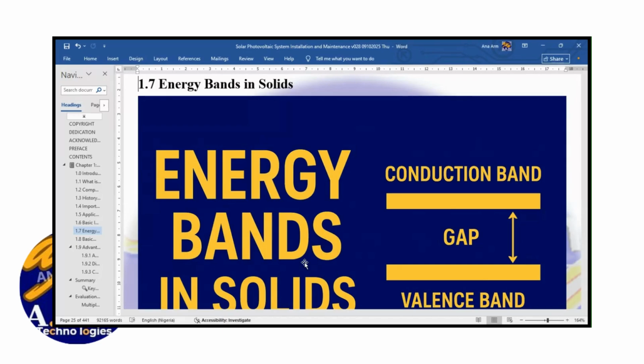Before we dive in, let's quickly revisit some foundational topics that will help you better understand this concept. What are these topics? 1. Introduction to solar. 2. Components of solar radiation. 3. History of photovoltaics. 4.